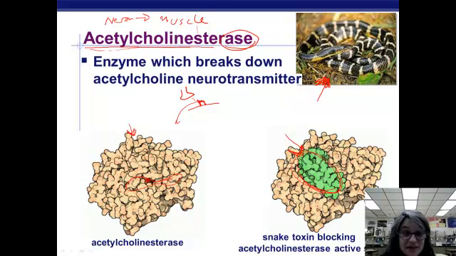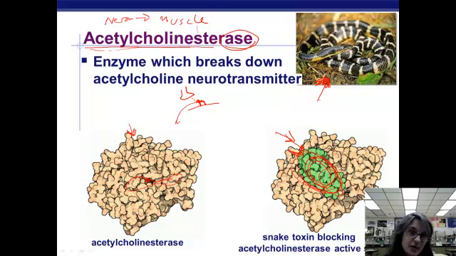It can't grab acetylcholine out of that receptor because its active site's already full. So that means once this muscle cell has received that neurotransmitter, it can never fire again, ever, because that acetylcholine is not going to be taken out because acetylcholinesterase cannot do its job because its active site is all full with neurotoxin.